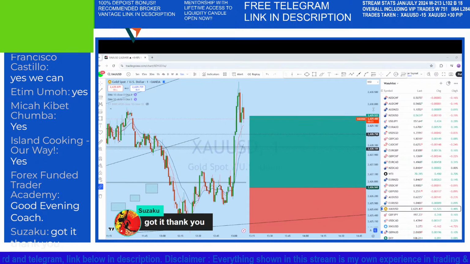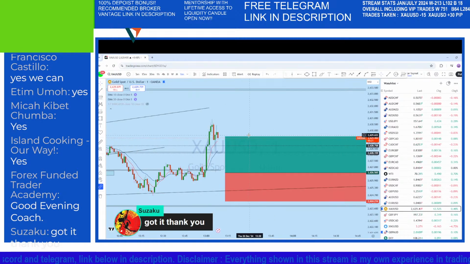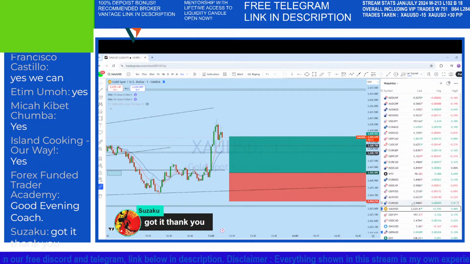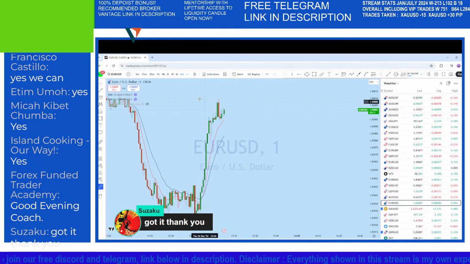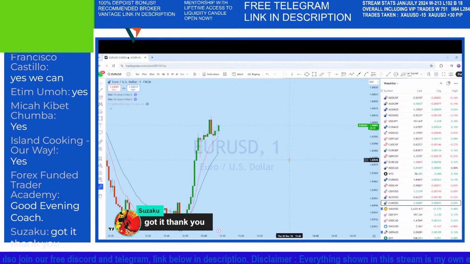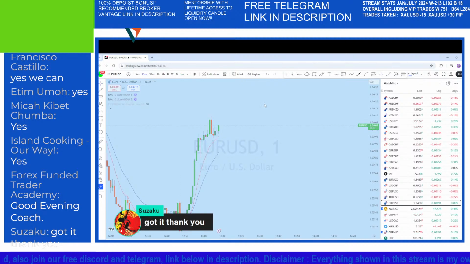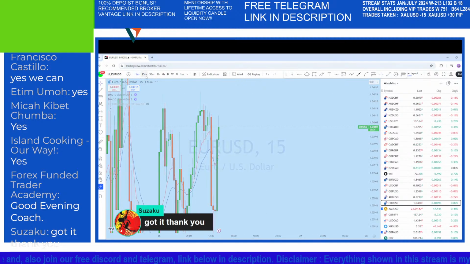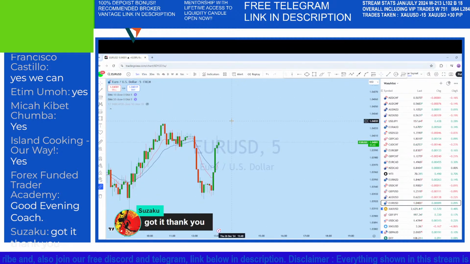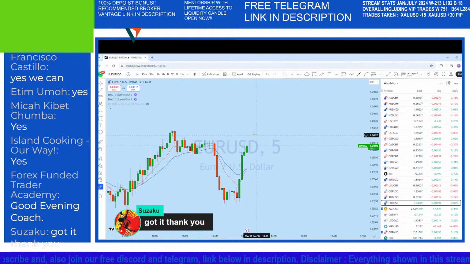Okay, so here is a little congestion coming up. I think the buyers and sellers are now preparing for a potential move, to see how far it might be going. You can see that there is a bounce and expecting the market to drop and then bounce back up again.